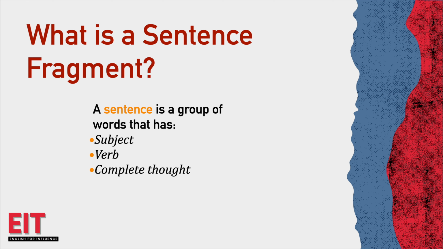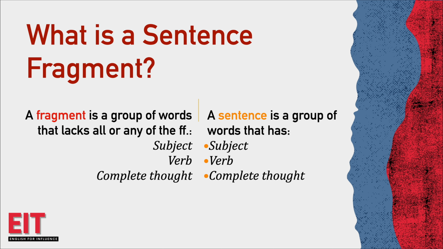If you lack one, then you don't have a sentence. Fragment is the opposite of a sentence. A sentence fragment is a group of words that does not have all or any of the following: a subject, a verb, or a complete thought.